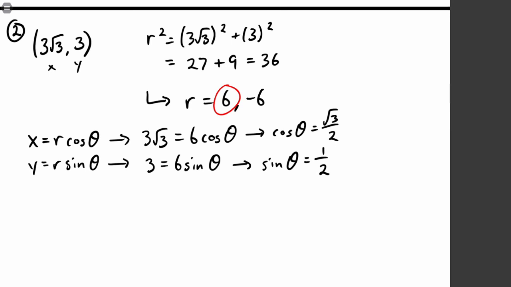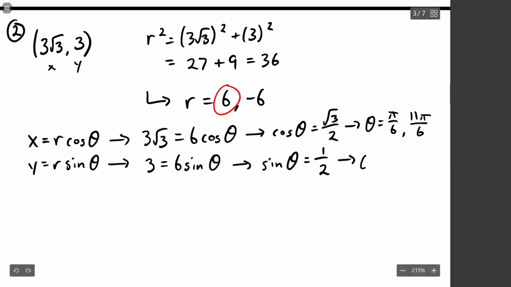Okay? So this would be pi over 6. But just like last time, cosine says theta is either pi over 6 or 11 pi over 6. And this one, sine, says theta is pi over 6 or 5 pi over 6.